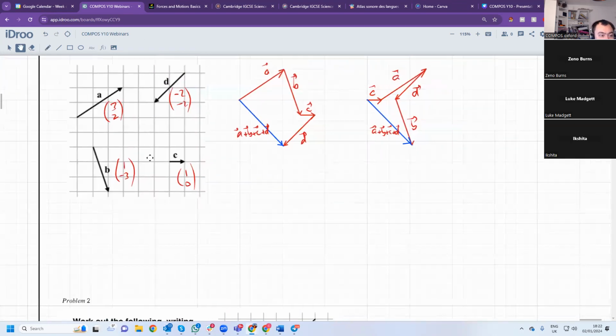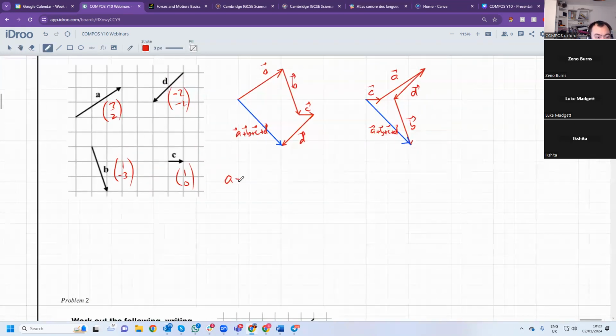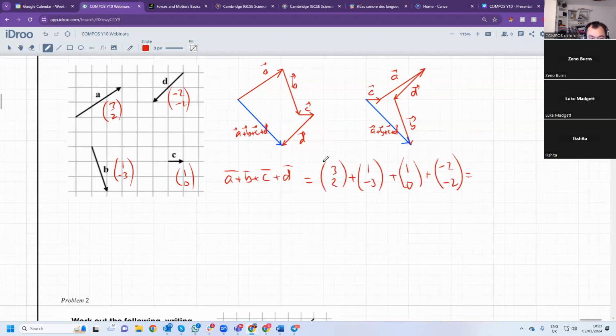And you can actually do A plus B plus C plus D, which is equal to (3, 2) plus (1, -3) plus (1, 0) plus (-2, -2). And all you need to do is add them. So it's going to be 3 and then 2 minus 3 minus 2. So 3 minus 3. So it's (3, -3). So it's this way. And as you can see, this vector is (3, -3).